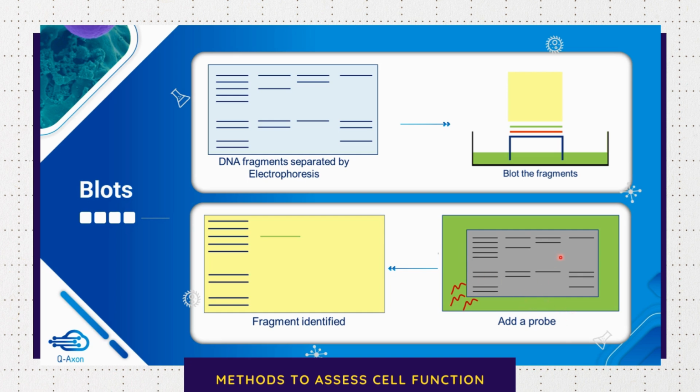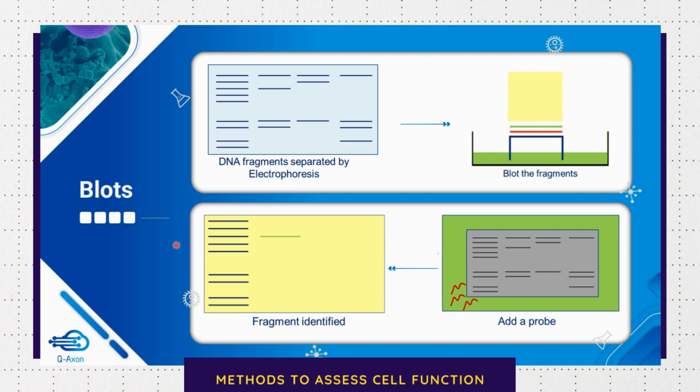So multiple probes are added, whichever matches will go and bind with the DNA, and later on with washing we will remove all other probes which are not bound to the DNA fragments, and hence depending on which probe is bound to the DNA fragments, we are able to identify the said DNA fragment in the sample.